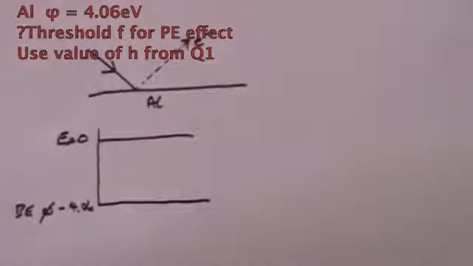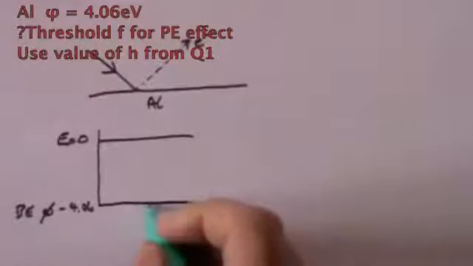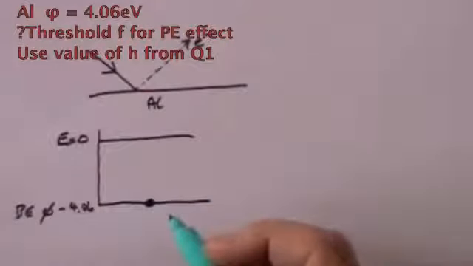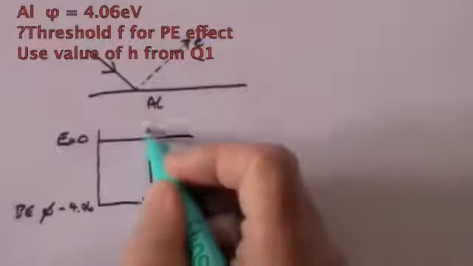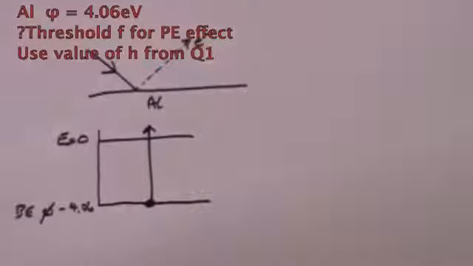In other words, it's a minus term because it's actually held within the atom. You have to give an electron sitting in this position 4.06 electron volts of energy to get it out of the atom.